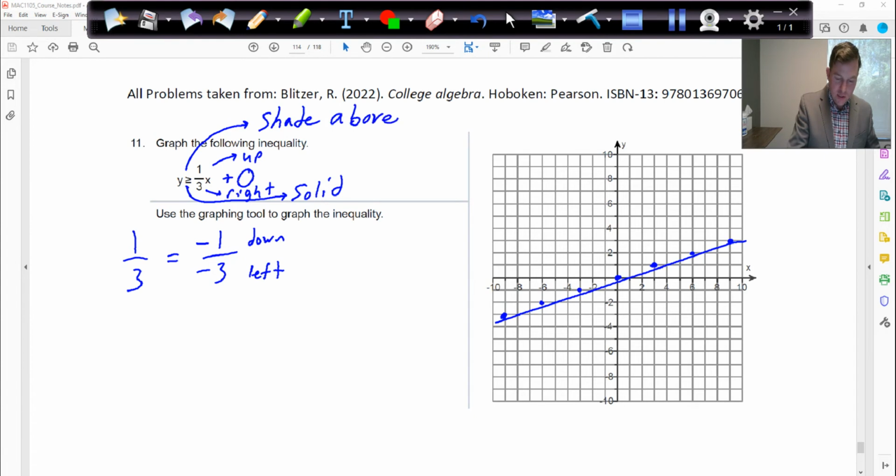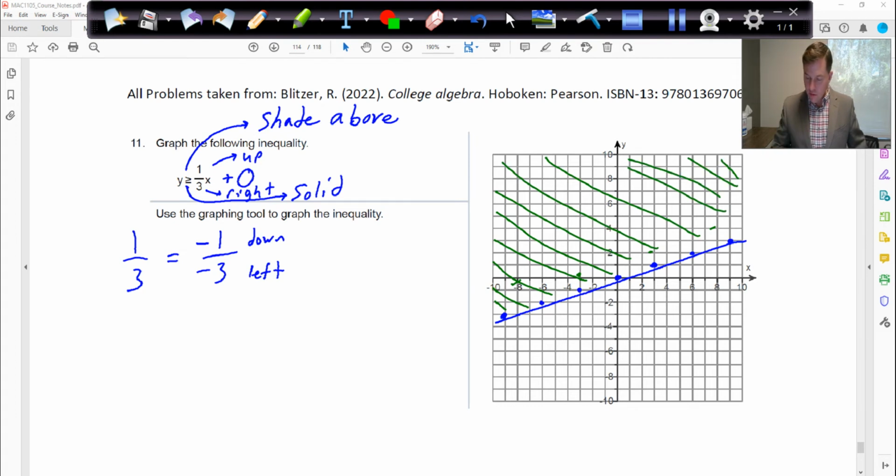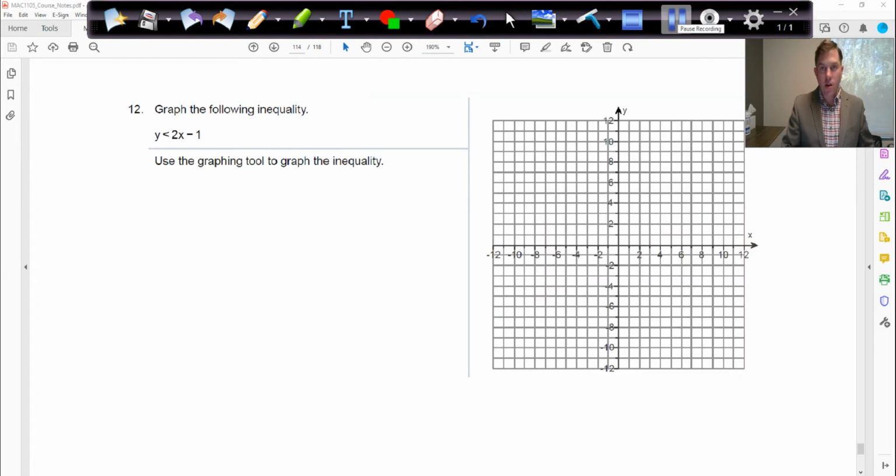So basically this is saying we want our y values to be bigger than what the line represents. So those points would be anything above the line. So there's a point above it. Here's a point above it. So anywhere in here, so all of this would work. Okay, so that one's not too bad. Just got to plot the line with a 0 intercept right through the origin, and then we are above it because it's greater than.